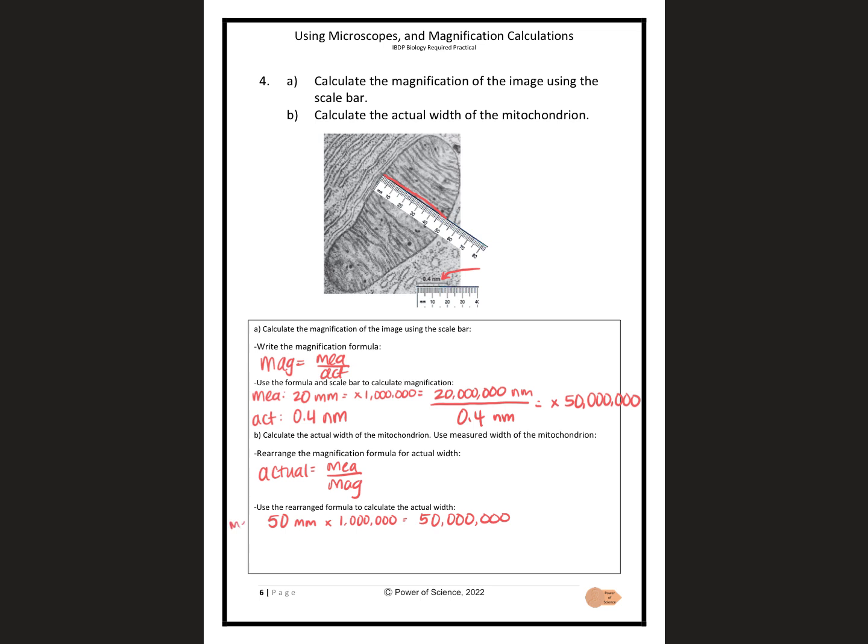So this is measured. And this is going to be in nanometers. And then we're going to divide that by our magnification, which is also 50 million. So this is going to give us an actual width of 1 nanometer. Excellent.